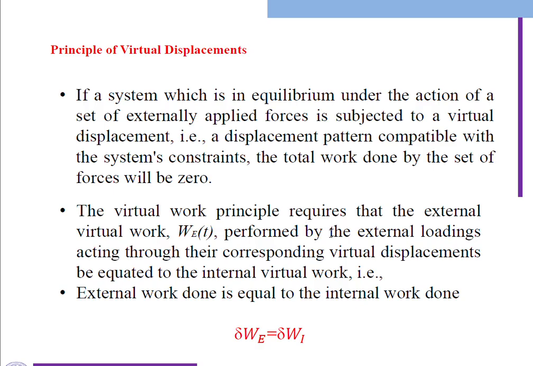Meaning external work done will always be equal to the internal work done. Here, delta WE is external work done, which is equal to delta WI, internal work done. Based on this particular principle, we derive the Hamilton principle.